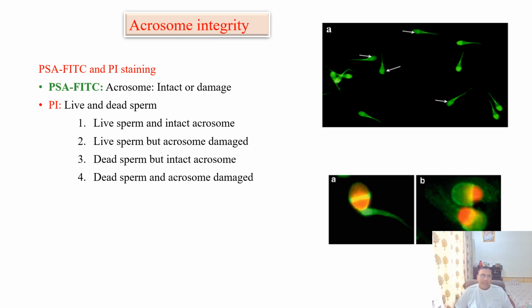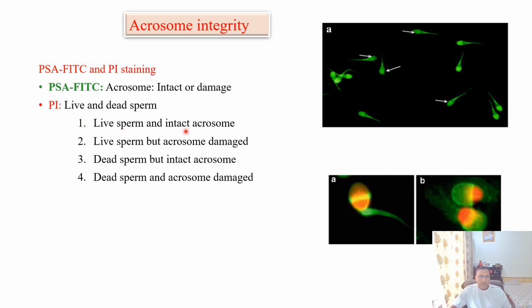PI stain we add to know whether those sperm cells are live or dead. If it is dead, even though the acrosome is intact, it is of no use. It is not useful for fertilization. So if you use the two fluorophores, FITC conjugated with PSA, and PI, four combinations can be made.